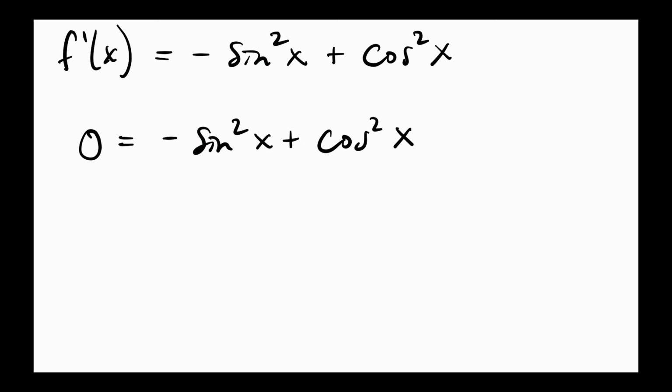How do I solve this? Because I can't subtract 1 from both sides, divide by something, I can't factor, it's not a quadratic, it's not linear, it's not a polynomial, it's a trig function. So how do I solve this?